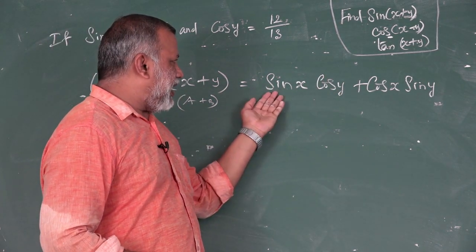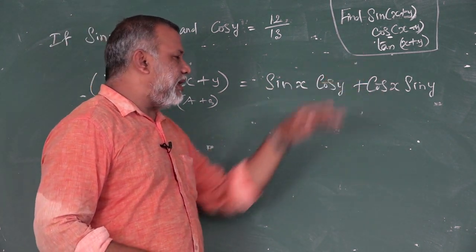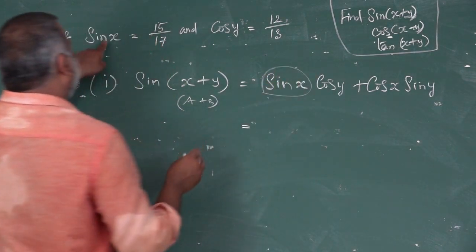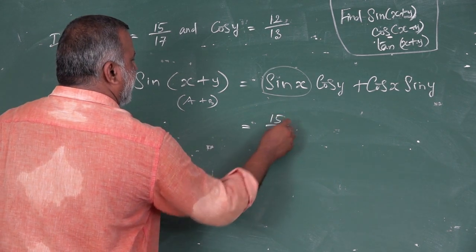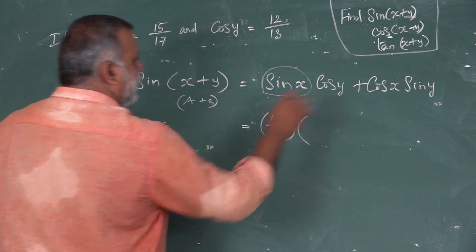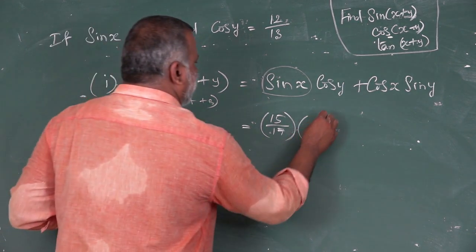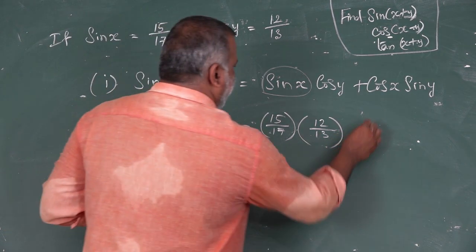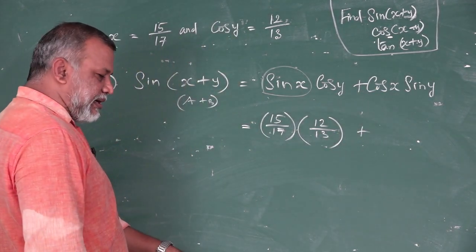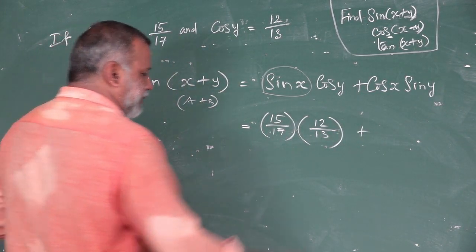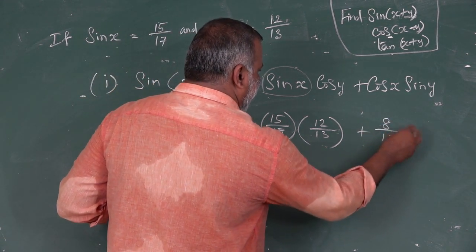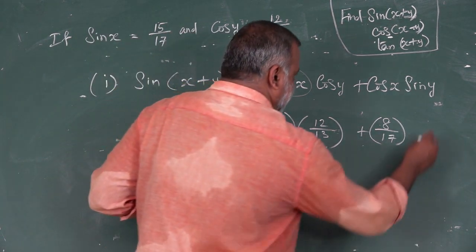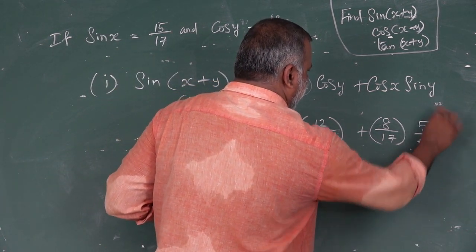Now listen, what is the value of sin x from the given data? 15 by 17. Then cos y equals 12 by 13 as per the given data. Plus cos x we already worked out, cos x equals 8 by 17. Then sin y is also already worked out, that means 5 by 13.